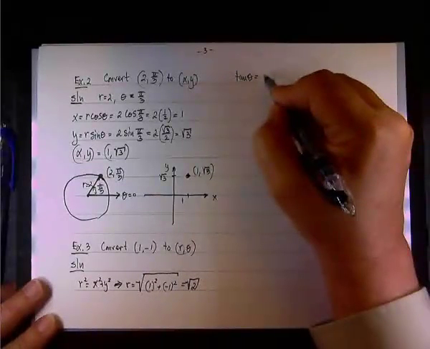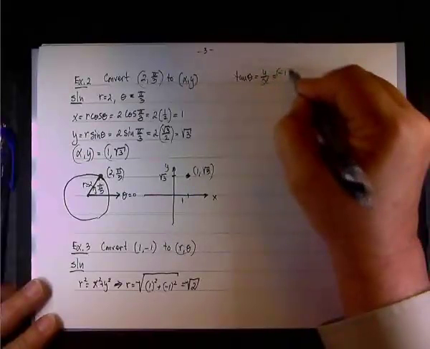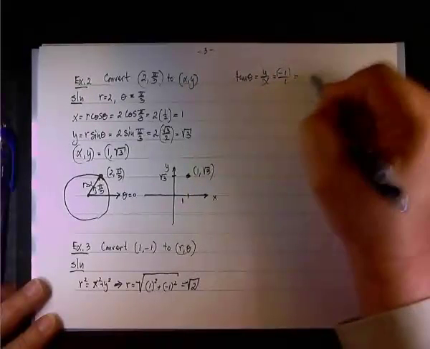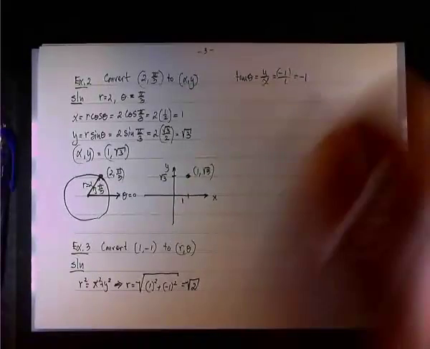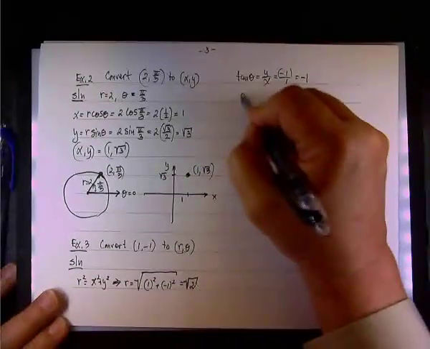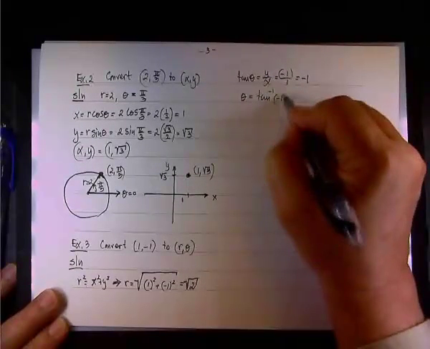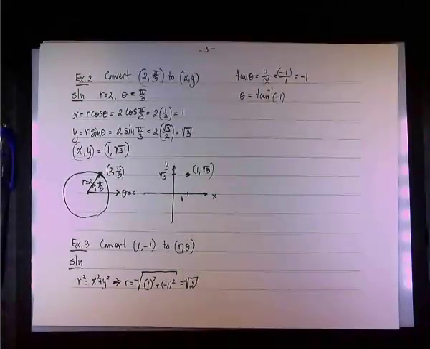What about the tangent? Well, tangent theta equals y over x, or -1 divided by 1, and this will be -1. Now, what is theta? Theta will be the inverse tangent of -1.